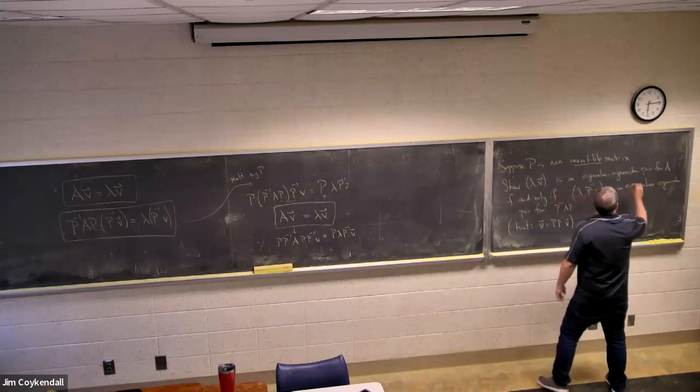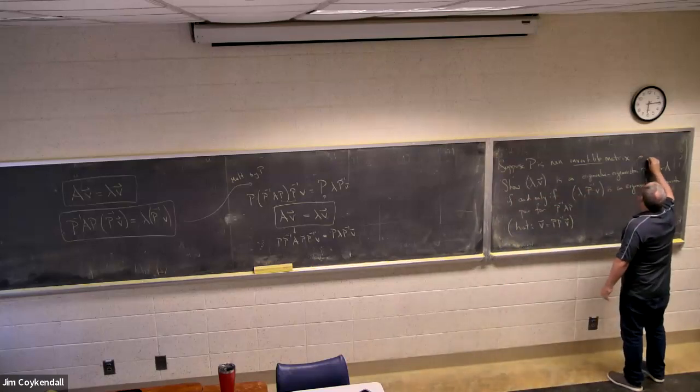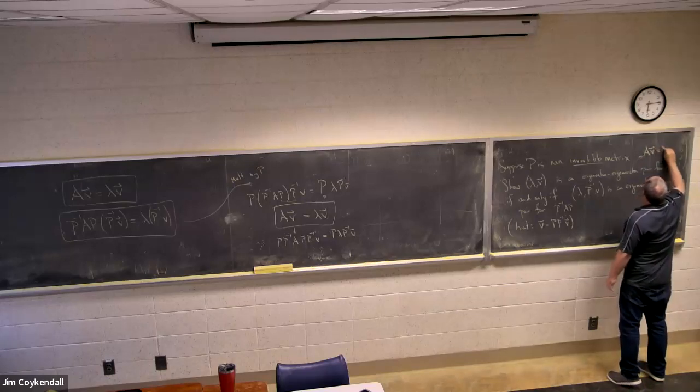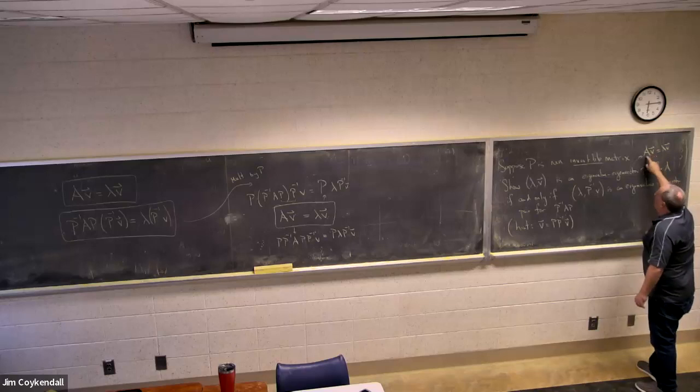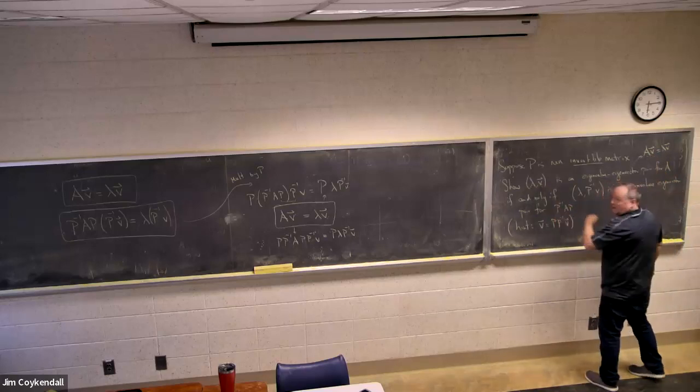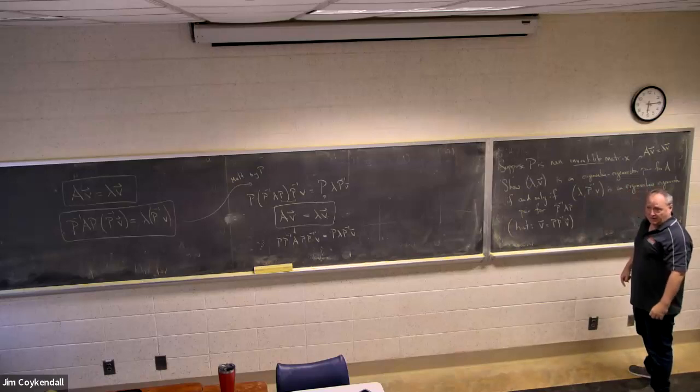What does it mean for an eigenvalue, eigenvector pair? It means matrix times V is lambda times V, right? You okay with that?